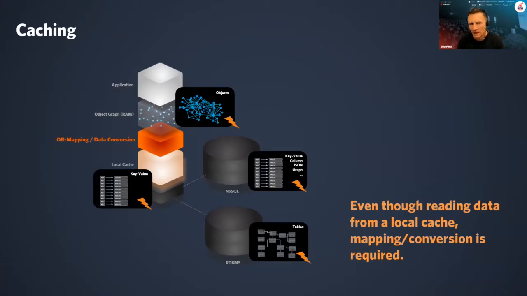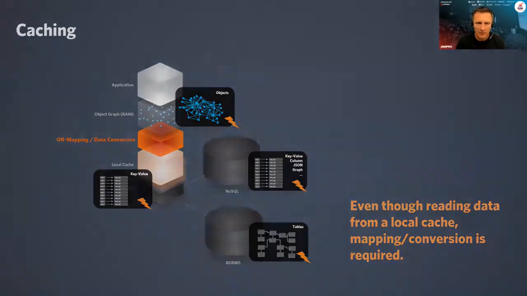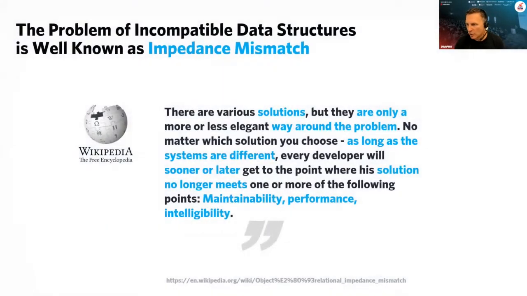So we also have a latency here. And mostly we have millisecond query time when we access a cache directly. But actually, in-memory access should be microseconds or sometimes even nanoseconds. But it's not. And the reason is the object relational mapping.